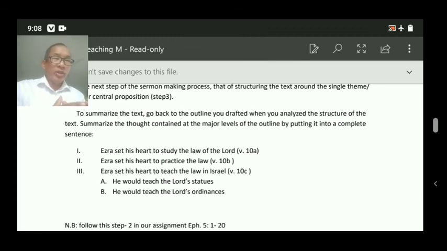But once you have done this, the other 5 steps are very easy. So stick with it, don't lose hope. Invest your time, and finally you will be a good expository preacher.